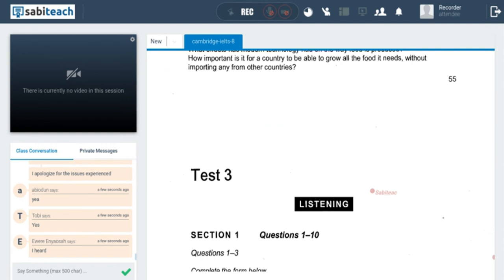All the recordings will be played once only. The test is in 4 sections. At the end of the test, you will be given 10 minutes to transfer your answers to an answer sheet. Now turn to Section 1. Section 1. You will hear an estate agent talking to a customer who wants to rent a house. First, you have some time to look at questions 1 to 8.